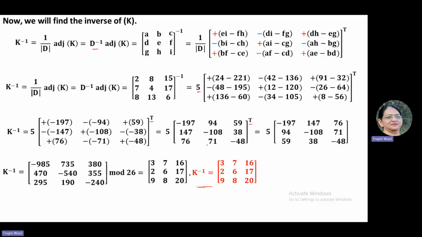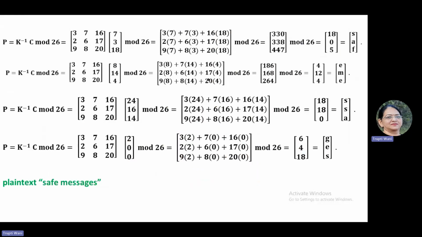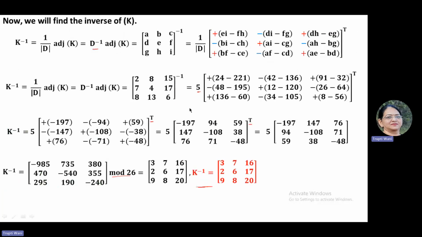So make a transpose, then mod 26, and then at the end you will get K inverse. So this is our K inverse. I think it's an easy method, we only learn this in school, so we can remember how to find out the adjoint of K. Now we have the inverse, we have the adjoint, so we will get K inverse.